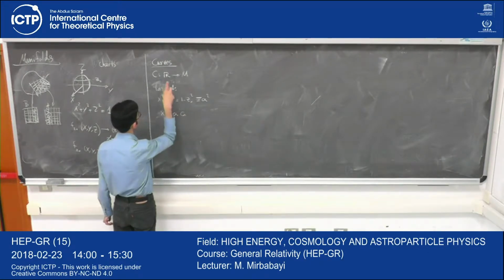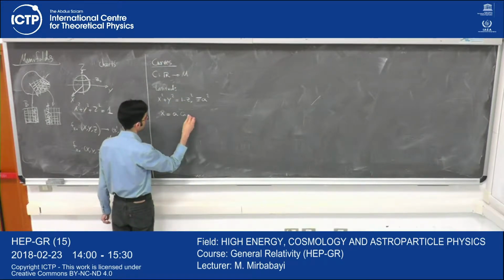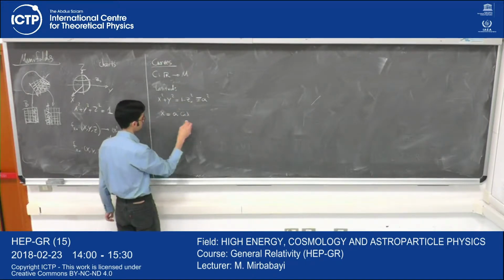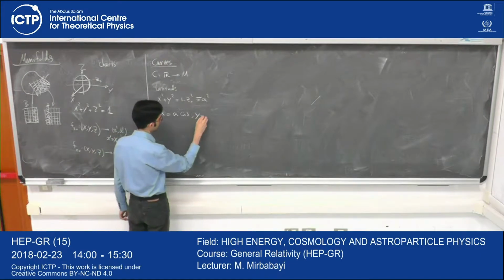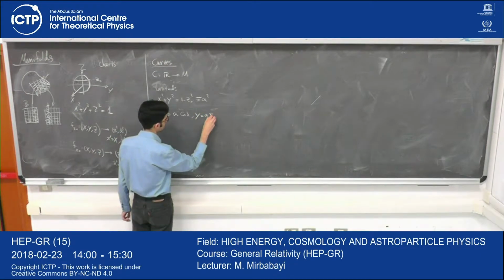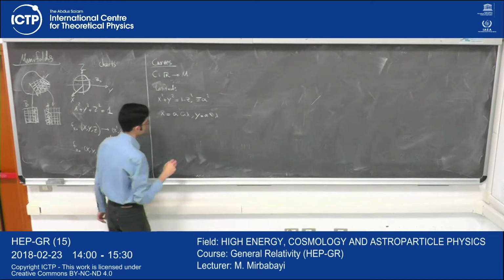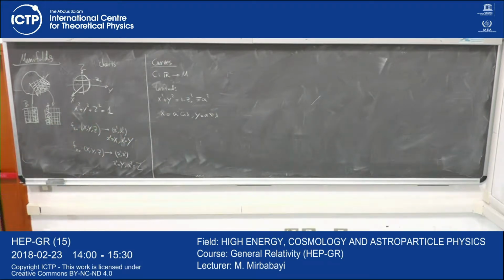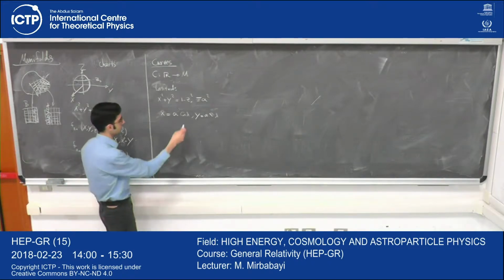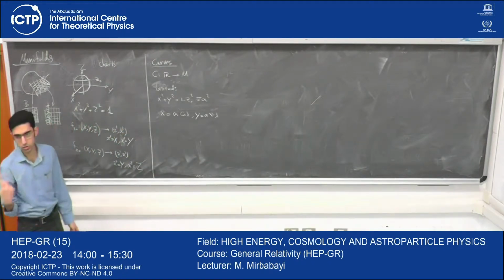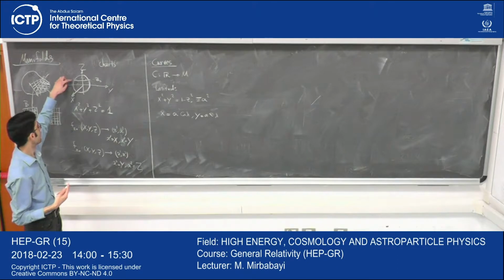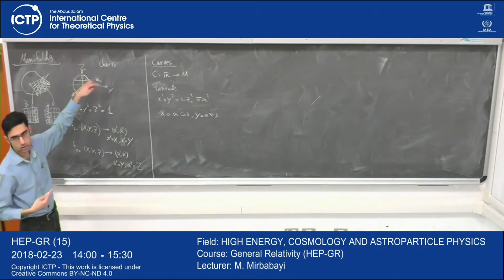We said let's choose lambda as the parameter of the curve, and y is equal to A times sine lambda. As I change lambda from 0 to 2 pi, I go around this curve here.